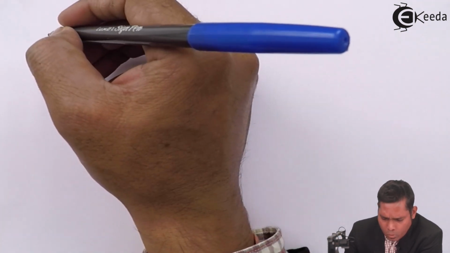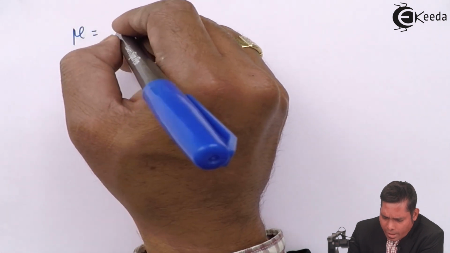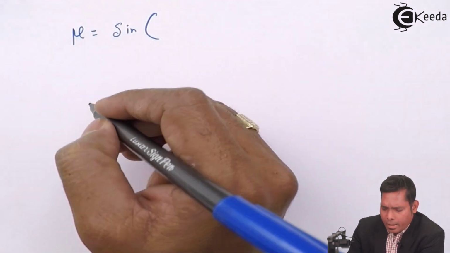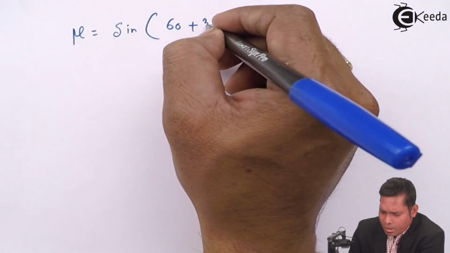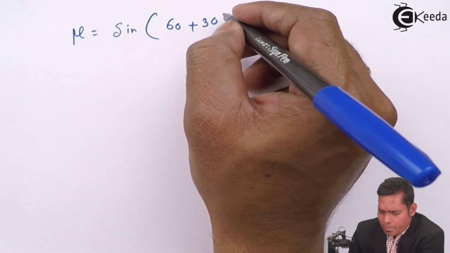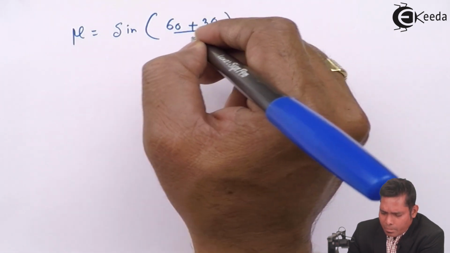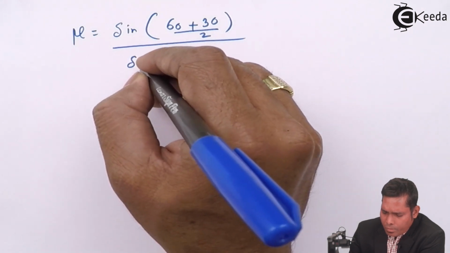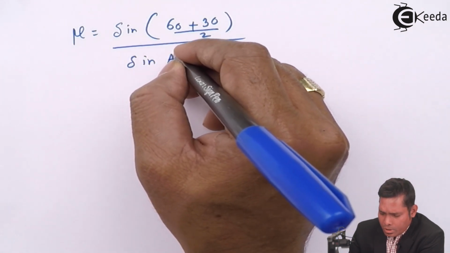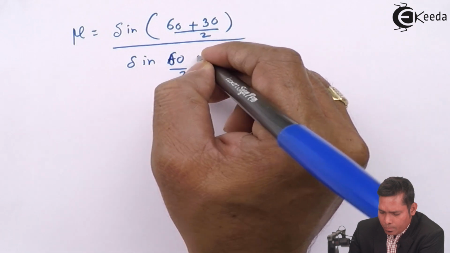now I substitute the value, mu comes out to be sine of (A is 60 plus delta M is 30) divided by 2 divided by sine of A by 2, that is 60 by 2.